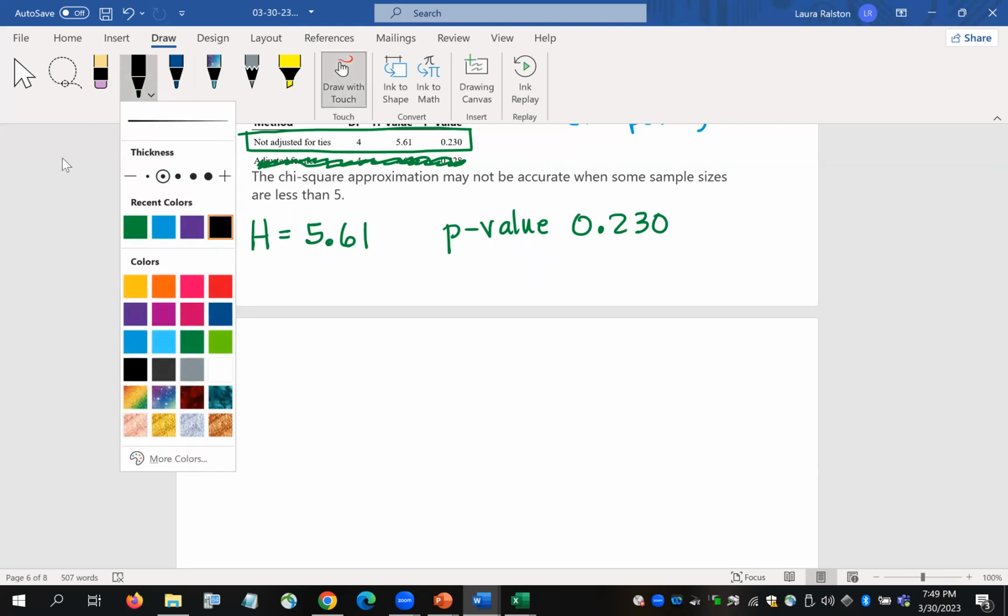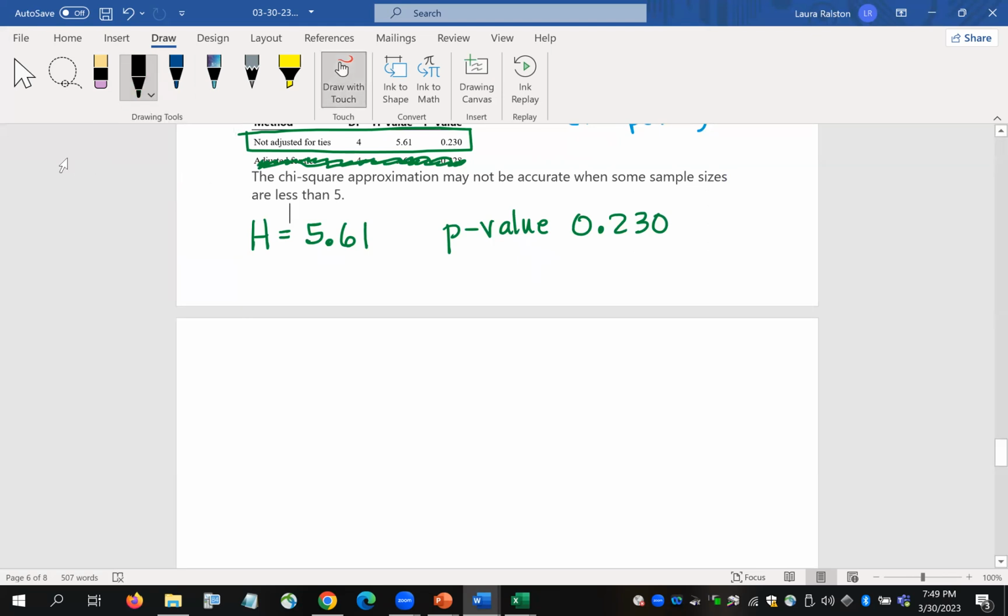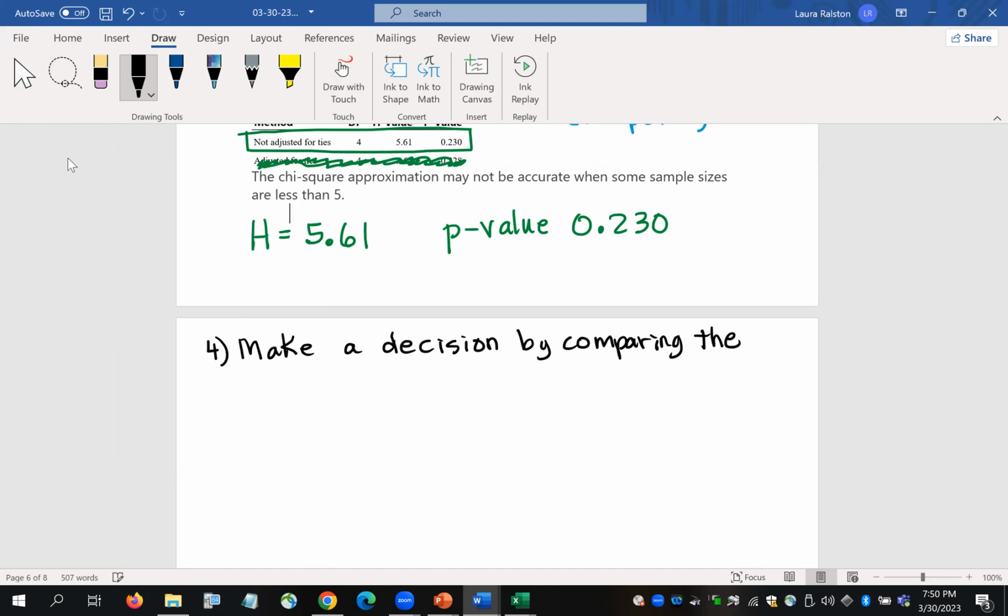Then we go to the fourth step, which is the same as we always do. We make a decision by comparing the p-value and alpha.